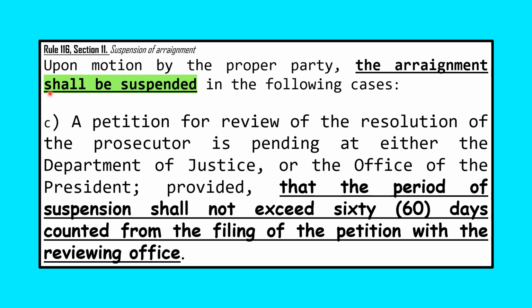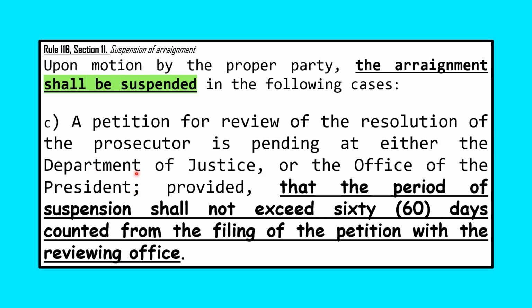Napaka-useless niyan. In fact, in your Section 11 of Rule 116, the law is even allowing you to file a motion to suspend the arraignment. Suspension of the arraignment, what is your ground? Your ground is there is a pending petition for review filed with the Department of Justice or with the Office of the President.